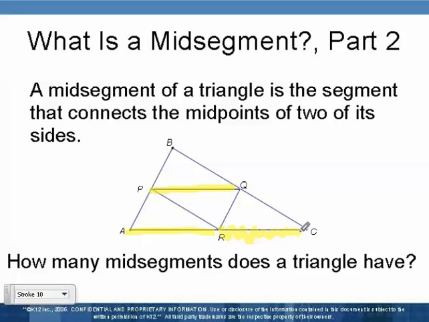All those things in yellow are all the same length. Cool. That makes sense. So what about the other sides, Mr. Green? Yeah, that's true. If I take this side of the triangle and this midsegment, they're the same length. And so is this one.